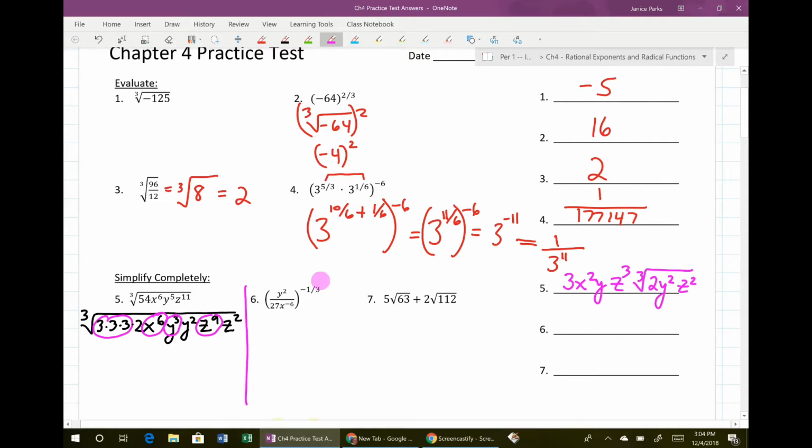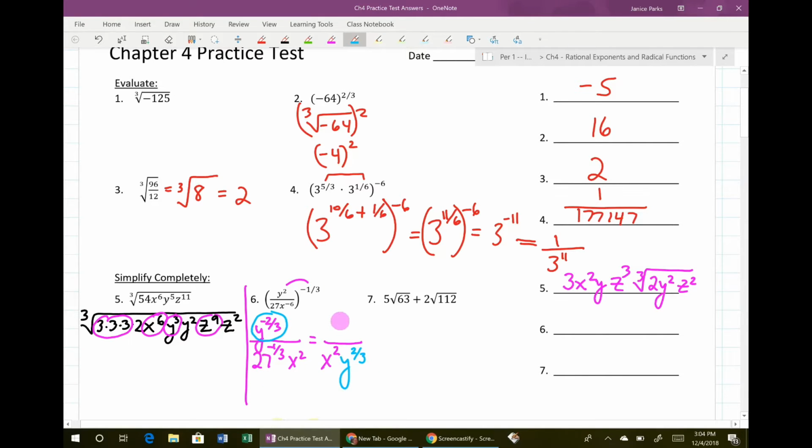For number 6, I'm going to distribute this negative 1/3 to everything. That's going to give me y to the negative 2/3. It's going to give me 27 to the negative 1/3. And then negative 1/3 times negative 6 is x squared. When I rewrite this, the x squared stays where it is because there's a positive exponent. The y moves to the denominator and becomes positive 2/3.